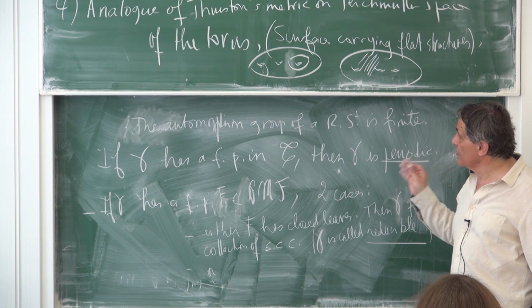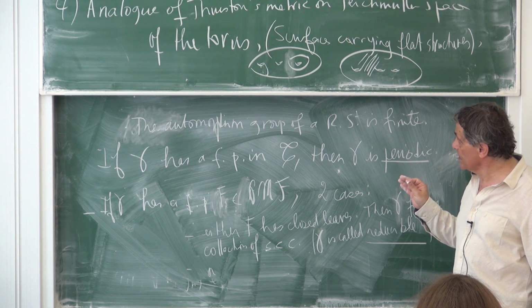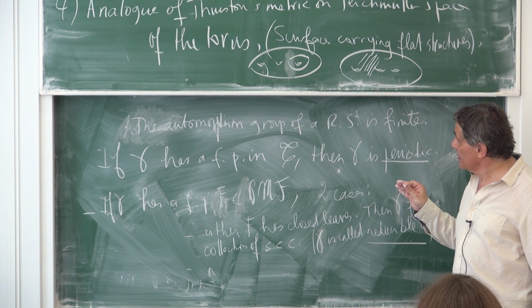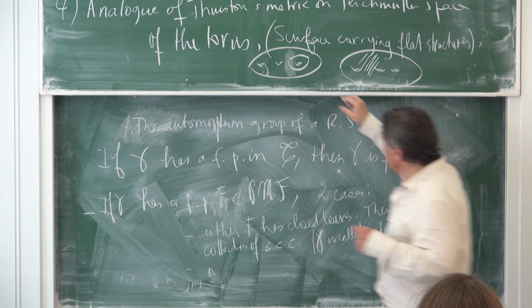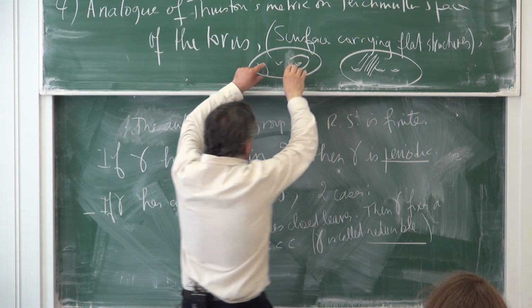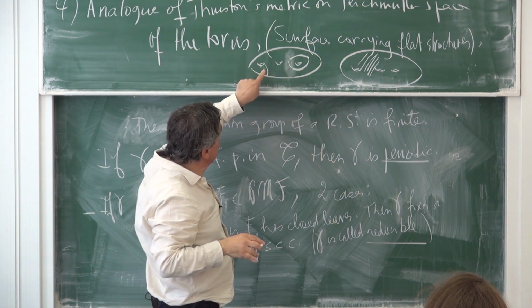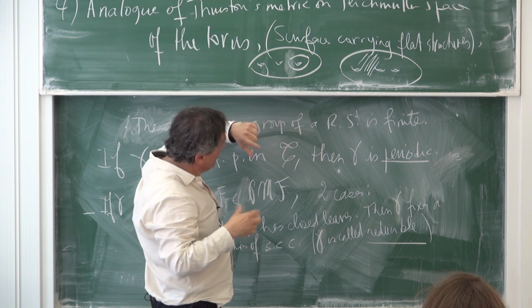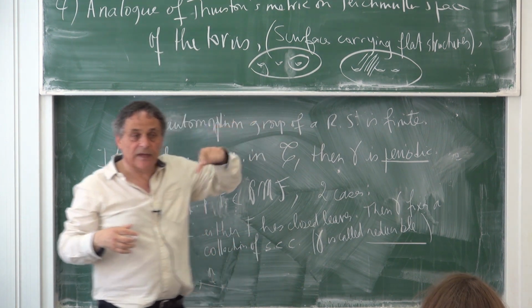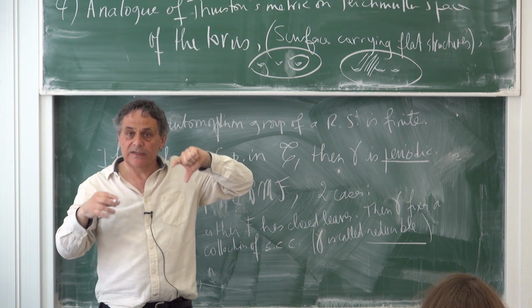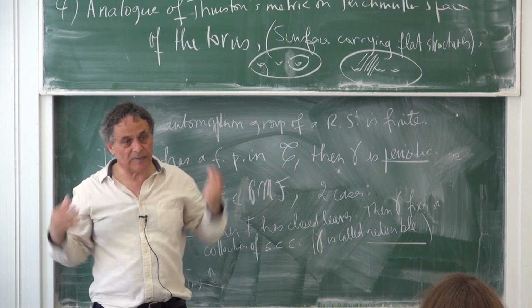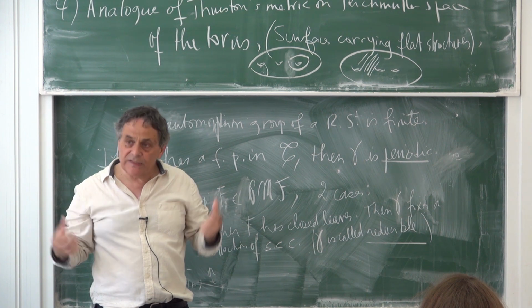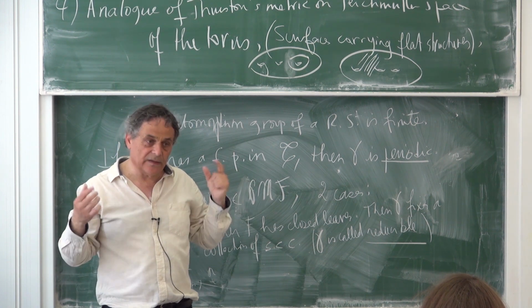The reason for this word reducible is important, in fact, because when it fixes these homotopy classes of curves, then you can cut your surface along these curves and consider the action on the resulting surface, the action on the surface with boundary, which is less complicated than the initial surface.